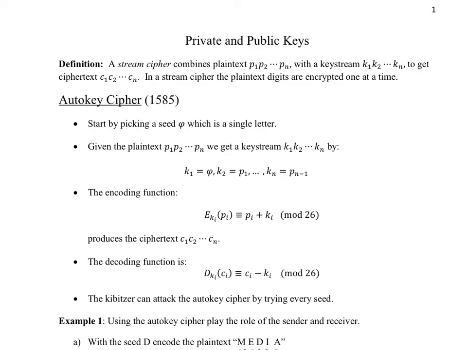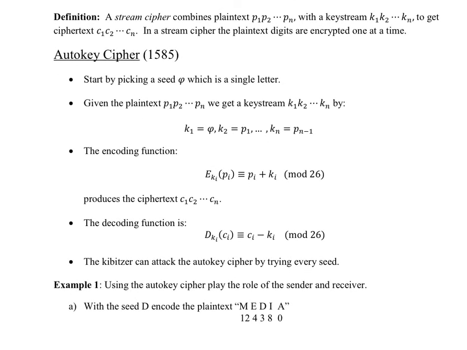So what you do with this cipher is you start by picking a seed. So a seed is a single letter. For our course, we're going to use English, so a single letter in the English language. So given a bunch of plain text, what we do with that plain text is get a key stream in the following way. So the very first thing in our key is the seed itself.